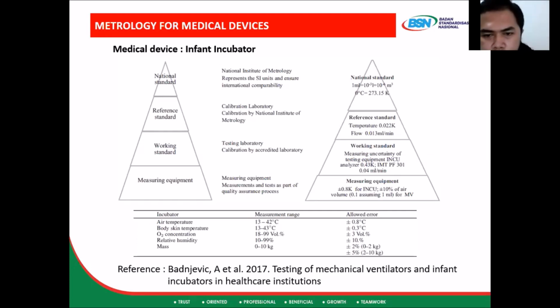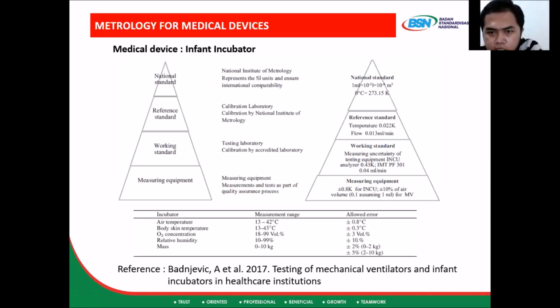As for example, for the temperature measurement, at the down level, the measuring equipment uncertainty is plus minus 0.8. Then it is calibrated with the incubator analyzer with smaller uncertainties, 0.43.